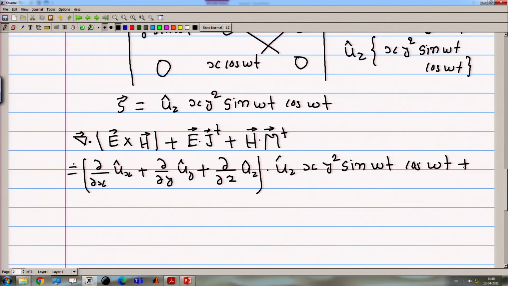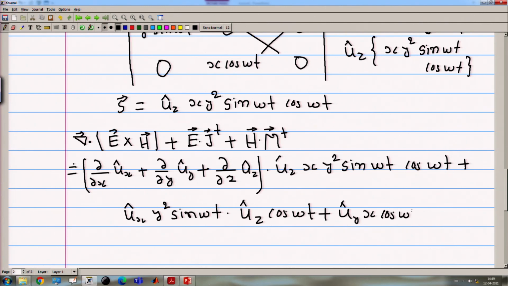So, we can see that the value of electric field is u x x by a square sin omega t, and that is dot product with J t. J t value is u z cos omega t, plus H. H value is u y x cos omega t, dot product with M t.